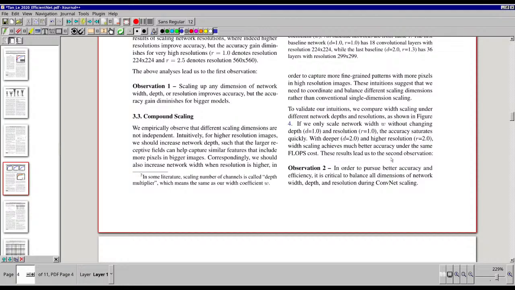These results lead us to the second observation. Observation 2: In order to pursue better accuracy and efficiency, it is critical to balance all dimensions of network width, depth, and resolution during ConvNet scaling.